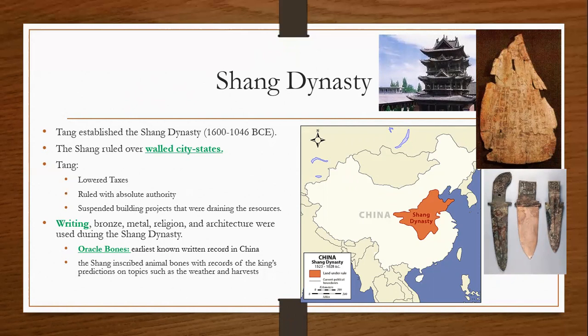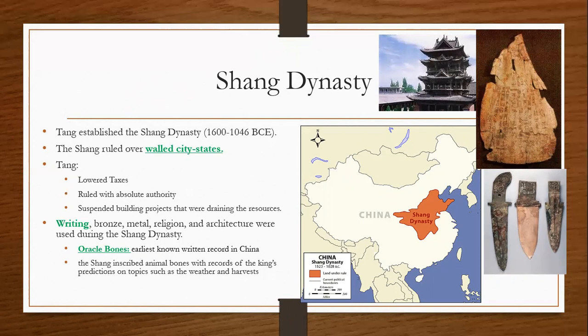They are going to stop building projects that are just draining resources. They're only going to build what is necessary for the success of the dynasty and of their kingdom. So writing, the use of bronze and other metals, religion, and architecture are all going to be used during the Shang Dynasty.